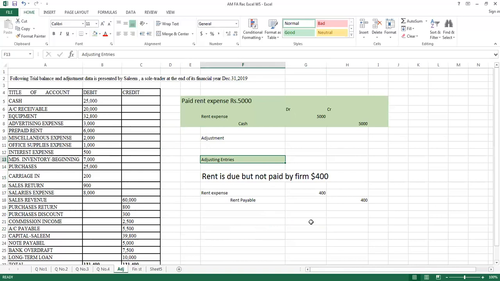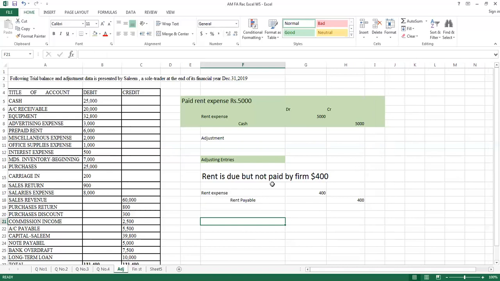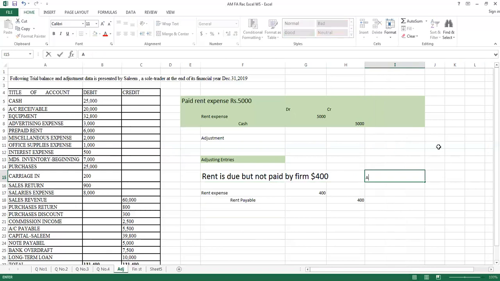So we prepare adjusting entries at the end of the year. We check accounting information. We see what information is relevant that needs to be adjusted at the end of the year. And one of the transactions that I'm showing right now is showing that certain expenses are not paid by the firm. Student, this kind of transaction that I am showing here, we in accounting call it accrued expenses.